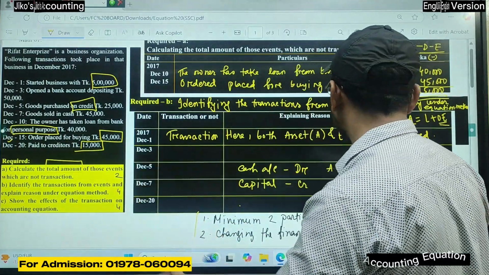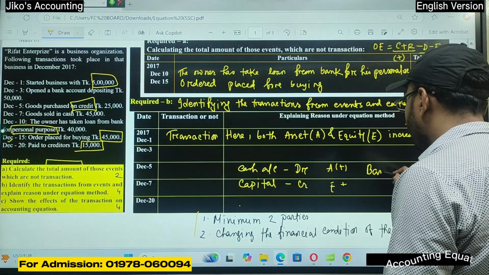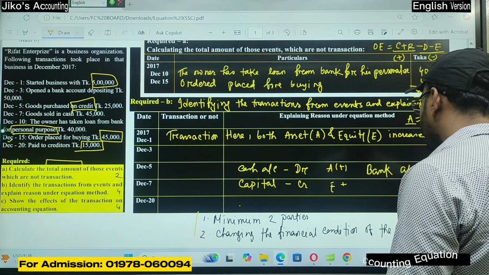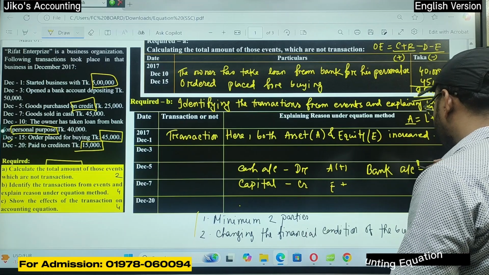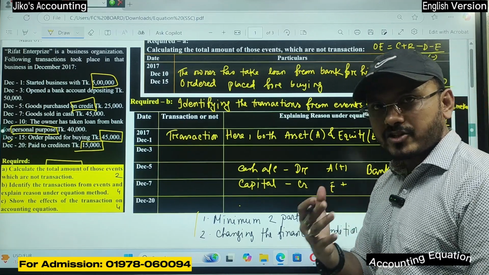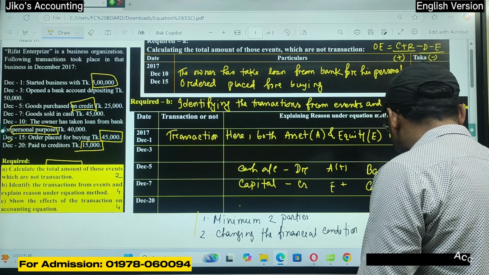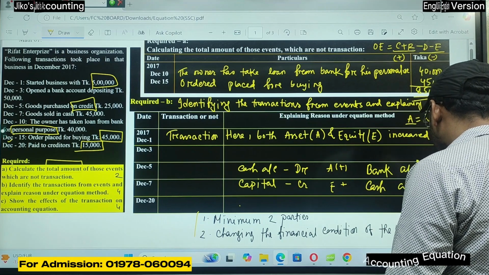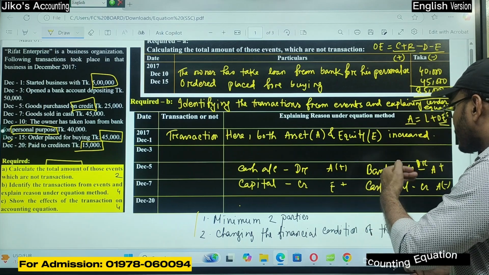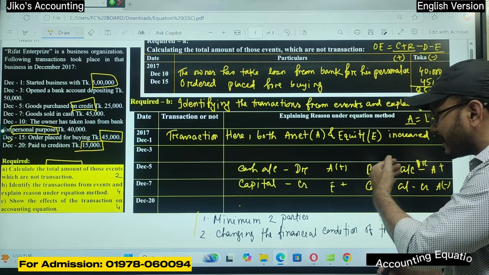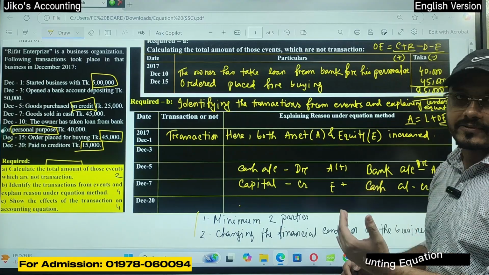If I open a bank account, that means my bank account will be increased. Bank is an element of the asset. Here, asset increased. Bank account debit. How about my cash? Cash will be reduced. Cash account credit. That means asset here also decreased. That means in this transaction, on one side your asset has increased, on the other side your asset has also decreased.